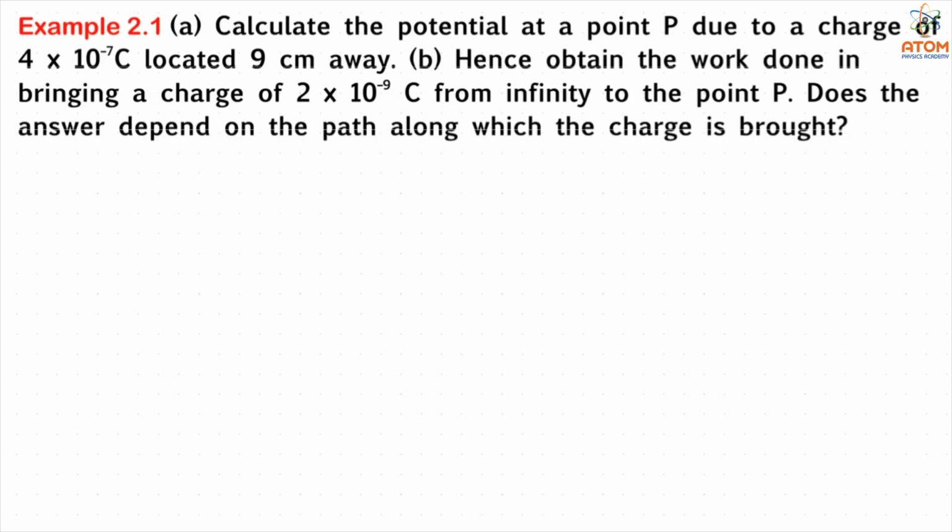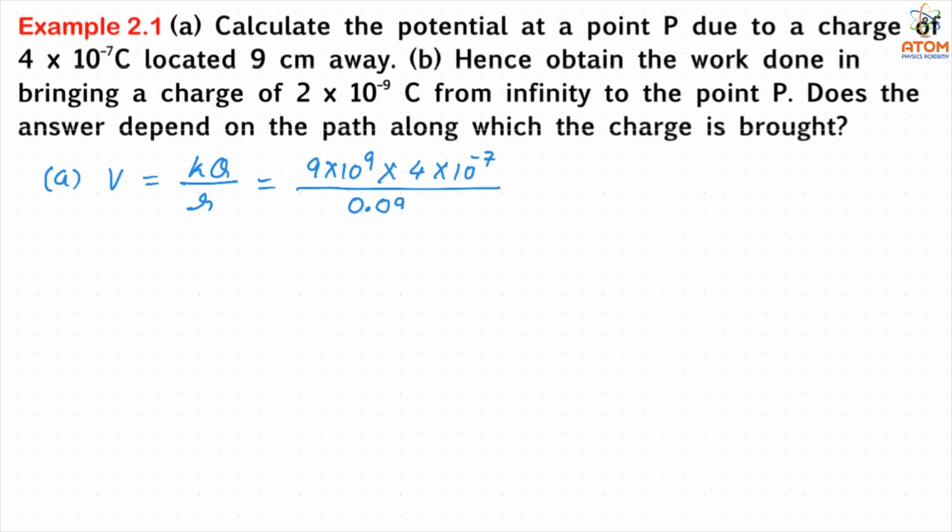Let us see. Here the answer of A is very straightforward. We know that the potential is kq upon r for a point-like charge, and here k is 9 into 10 raised to 9, and the value of charge q is 4 into 10 raised to minus 7, divided by the distance, which is 9 centimeter, that means 0.09 meter.